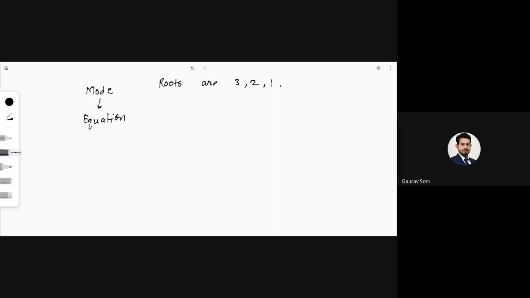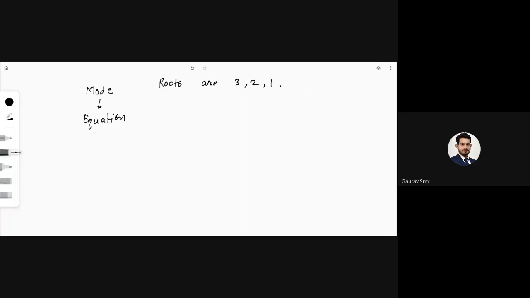Okay, so I will write down the roots now. Roots are 3, 2, and 1.